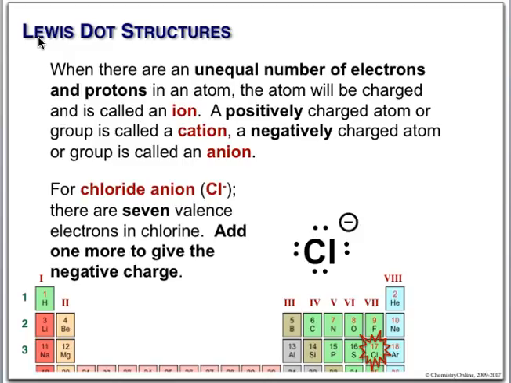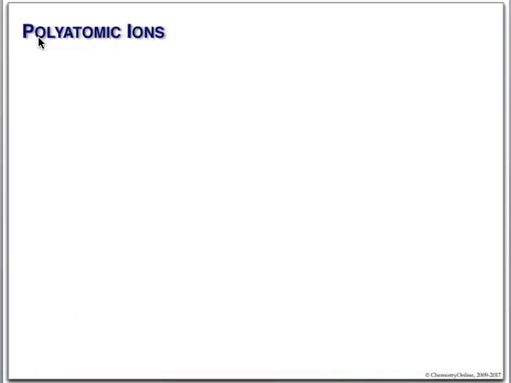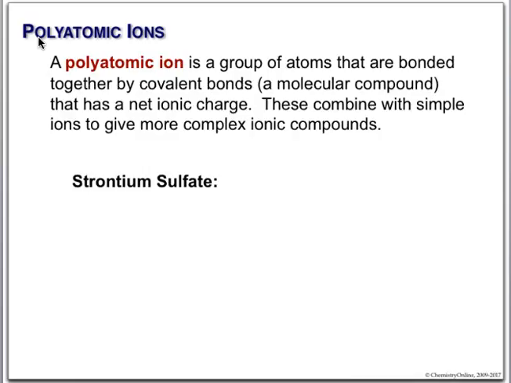Now today we're going to look at nomenclature. And in order to do nomenclature of ionic compounds, it's essential to introduce the concept of polyatomic ions. A polyatomic ion is a group of atoms that are bonded together by covalent bonds.